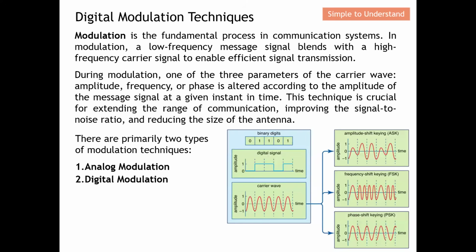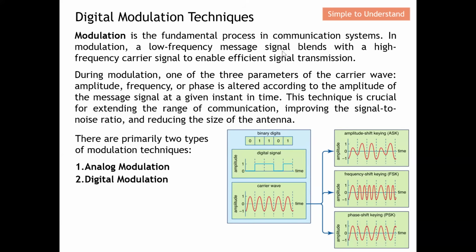Before we go into the discussion on digital modulation, let's do a quick recall. What is modulation? Modulation is a very fundamental process in a communication system. In modulation, we have a low frequency, which is typically the signal that we want to send to the recipient.